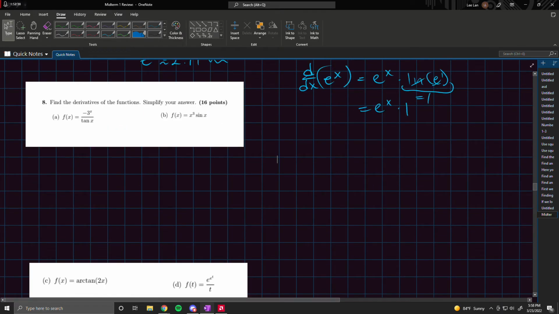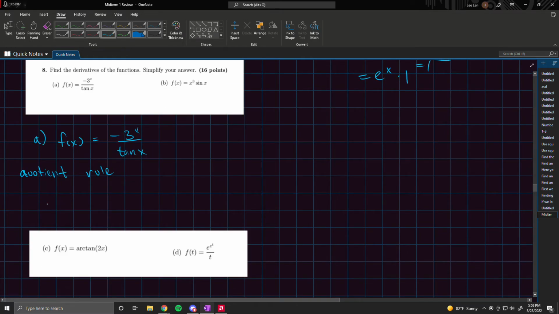Okay, find the derivatives of the function, simplify your answer. Okay, so f of x equals negative 3x over tangent x. And what does this look like? Well, this is the quotient rule, right? What is the quotient rule?